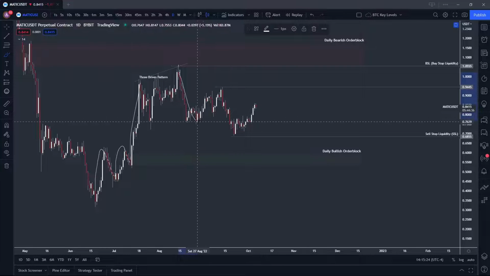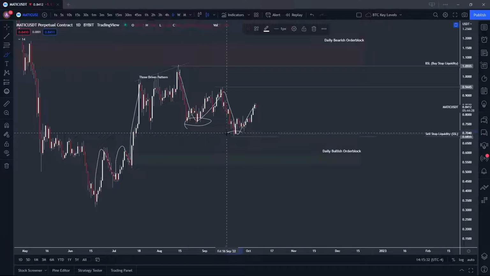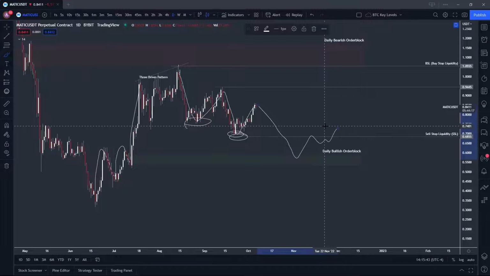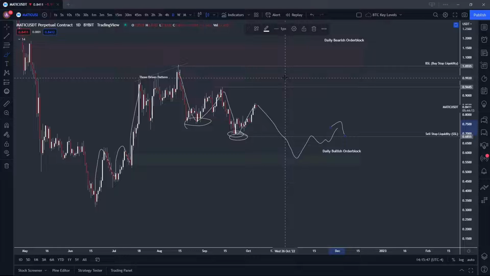We're setting lower lows and lower highs. Meanwhile, we're just sweeping all this liquidity. All this liquidity is swept by this. Now we've created more liquidity down here. So I can see, for example, the sweeping again, and then possibly tapping into this bullish order block, and then reversing. That is a general idea.